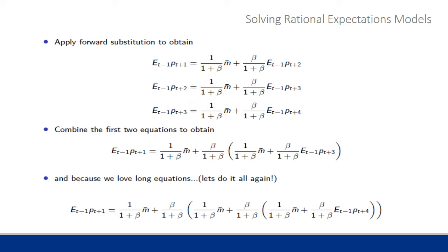And so we can replace this with all of this, and we do that here. We see that our term is getting longer. And we do that again, only this time we replace EPT plus 3 with the right-hand side here. And we can see that this expression, EPT plus 1, is becoming bigger as we try to substitute out the forward expected price.